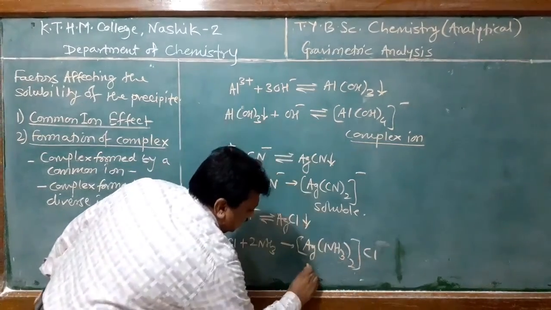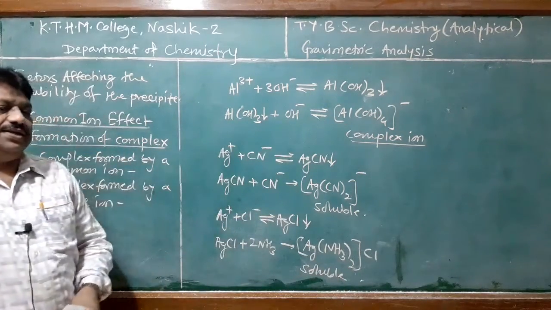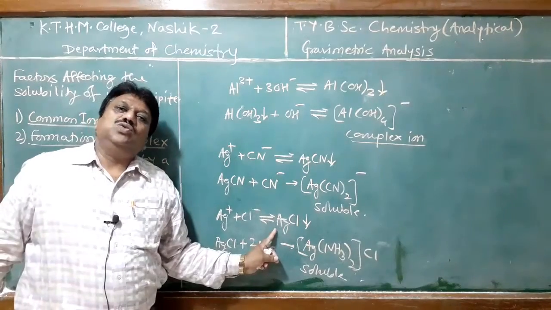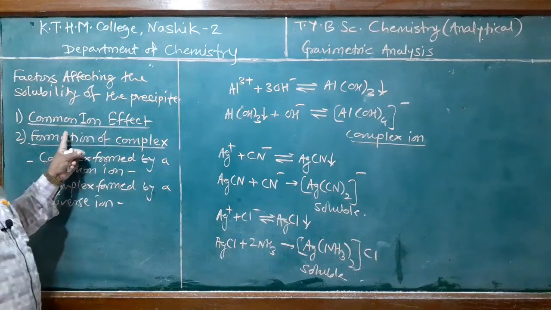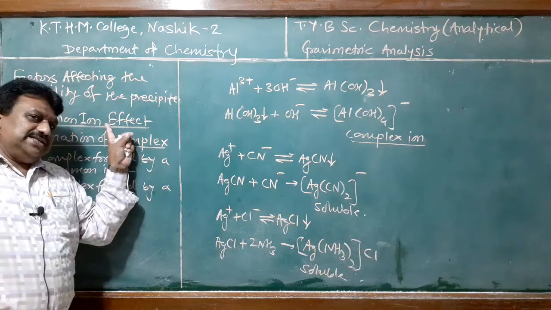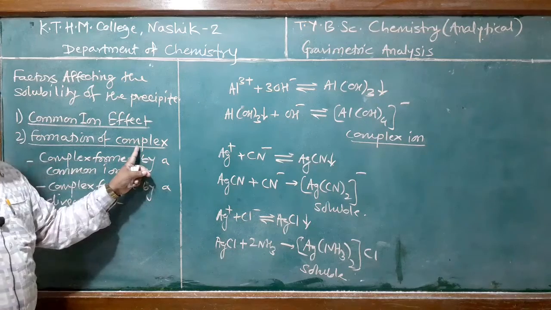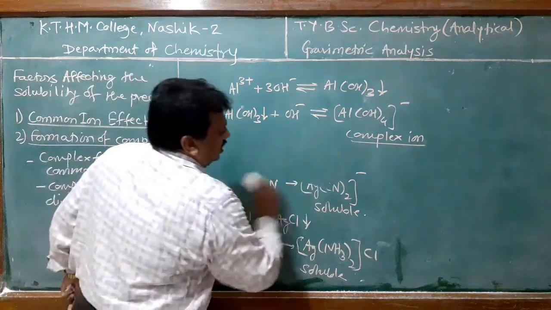Therefore, this is soluble. Therefore, not only the common ion but also a diverse ion increases the solubility of the precipitate due to formation of complex ion. Common ion effect decreases the solubility, but formation of complex ion increases the solubility of the precipitate. Students, now we discuss the third factor.